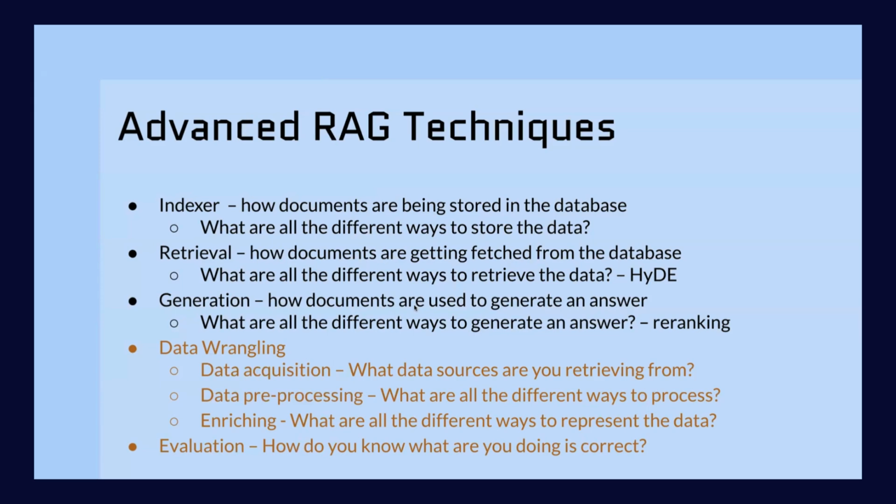And then generation. On top of retrieving all the data, there are different ways you could generate the answer. Like I said, you could use prompt engineering, chain of thought reasoning, or tree of thought reasoning. There's a whole bunch of different ways to generate the answer. You could use reranking, which is also found to be very effective.